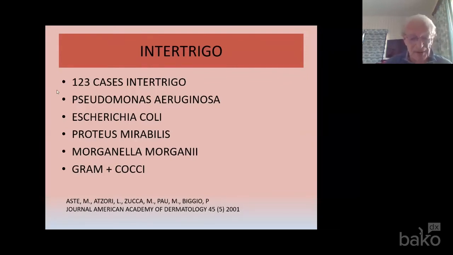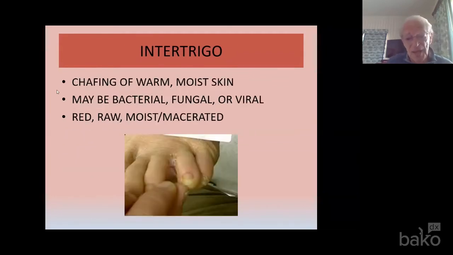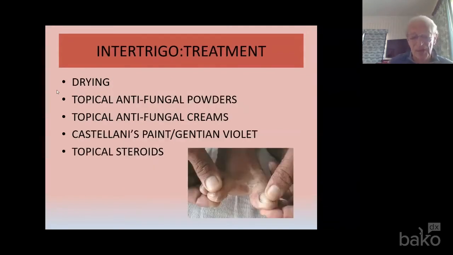So proper identification of the infecting organism is required in order for us to provide appropriate treatment for these patients. And with these intertrigos, as you know, the skin gets macerated, it cracks, it fissures, it's oftentimes sore and raw, and these patients develop these secondary bacterial infections and sometimes a localized cellulitis.